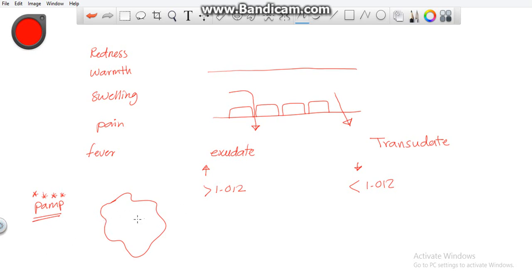So this macrophage is going to release two things. It is going to release interleukin 1, and it is going to release tumor necrosis factor. Now they will go with the bloodstream and they will go into the hypothalamus.